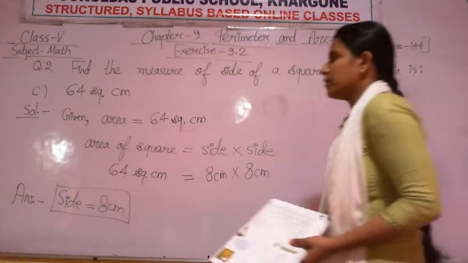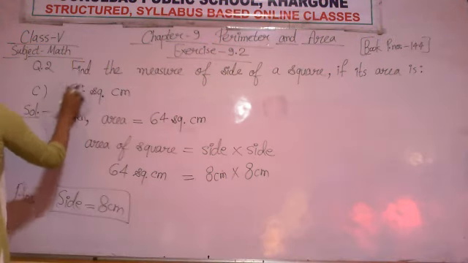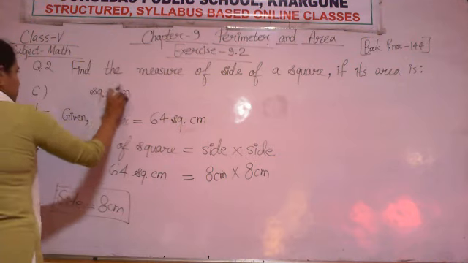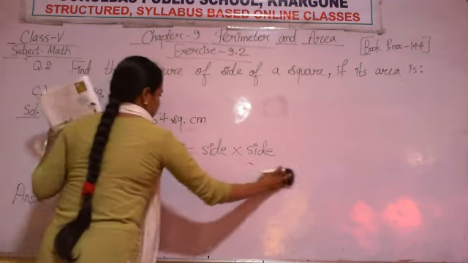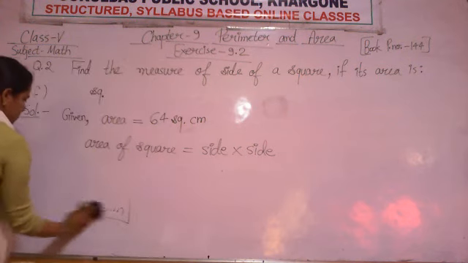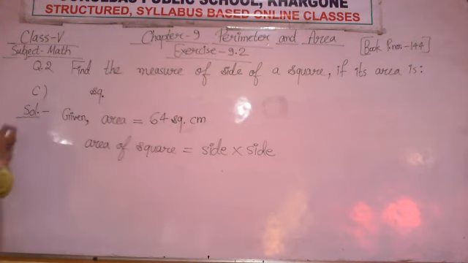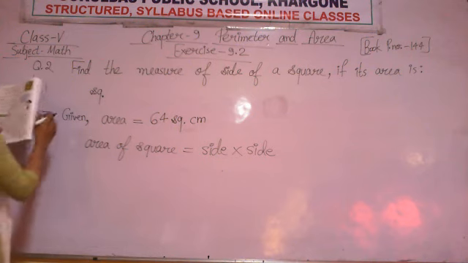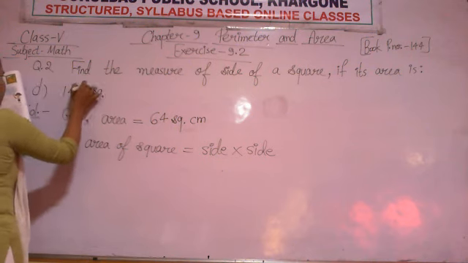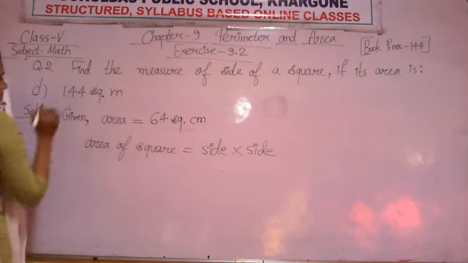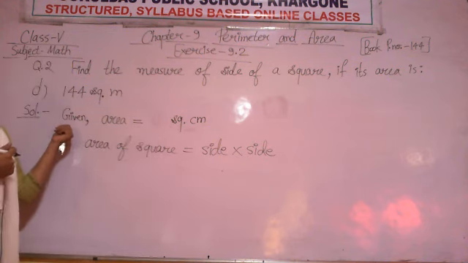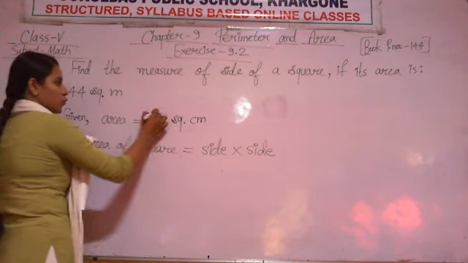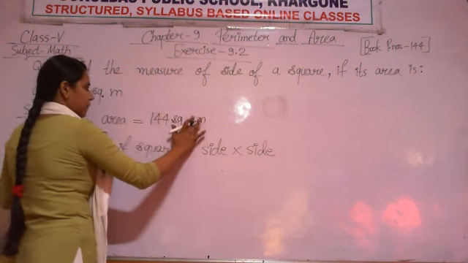Now part D. In part D, the given area is 144 square meter. So, in the solution we will write given area is equal to 144 square meter.